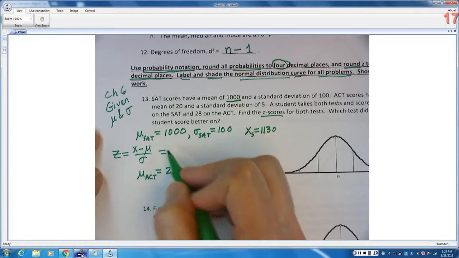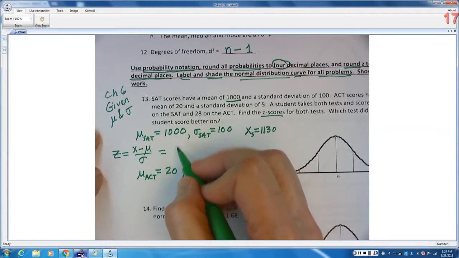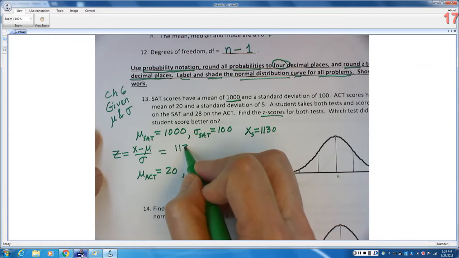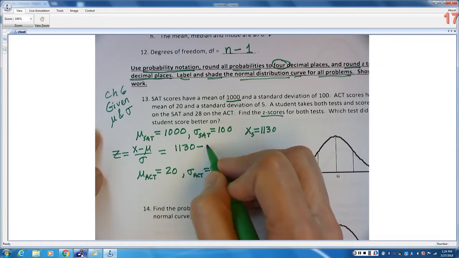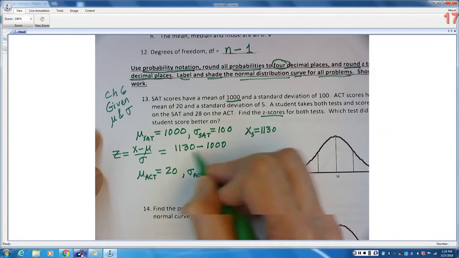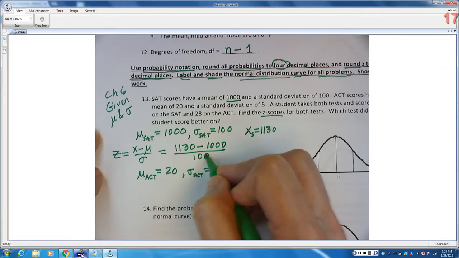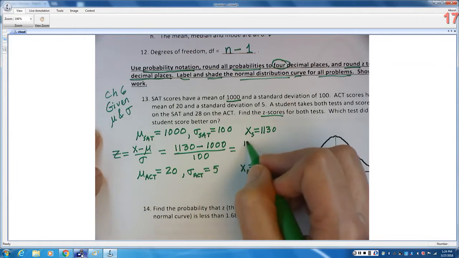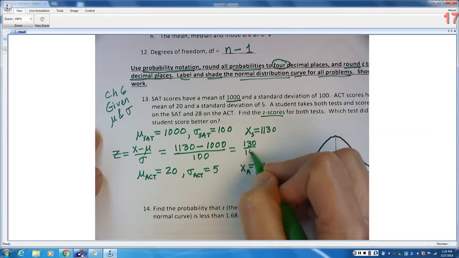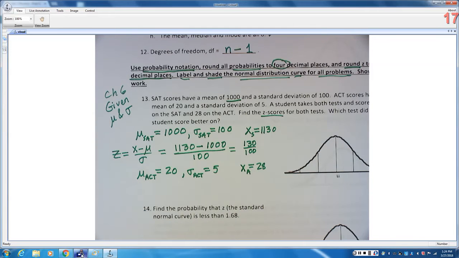So you're going to find the Z score for the SAT. It's going to be 1130 minus 1,000 divided by 100, is 130 divided by 100, is 1.3.